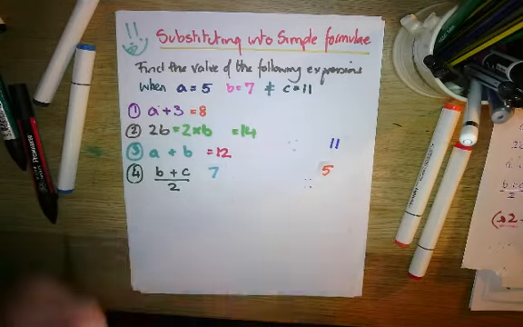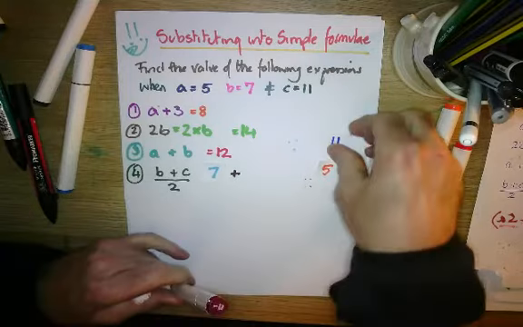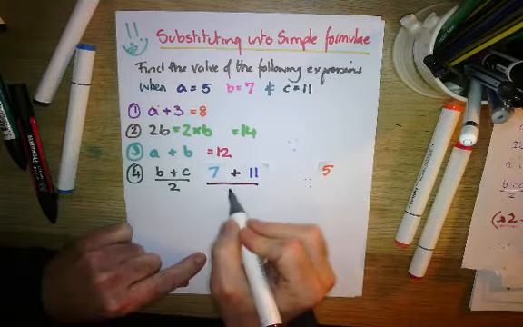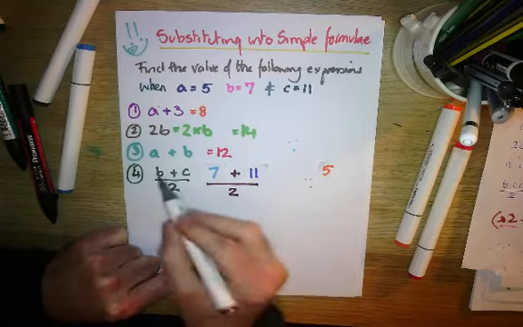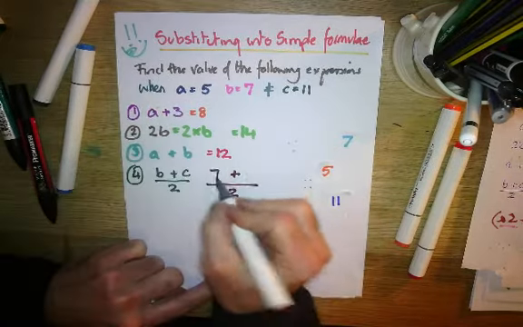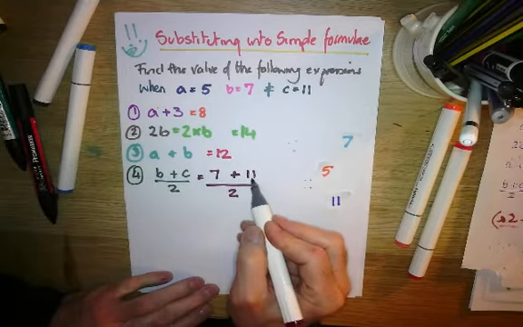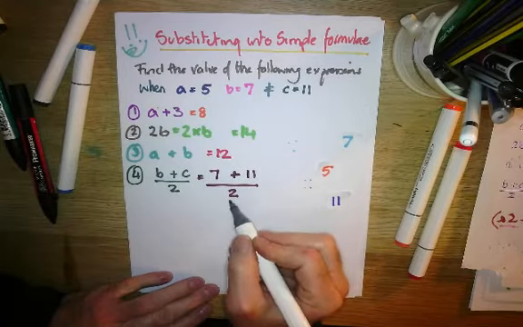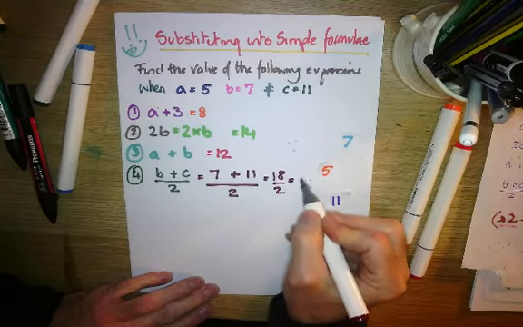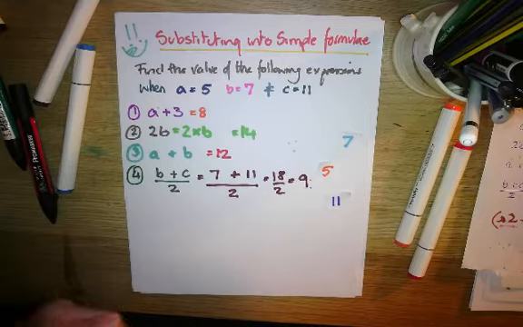So it's 7, and I'm going to add the C, bring on C, boom, and then I'm going to divide all of that by 2. So that is my B, that's my C. Let's put those actual numbers in. It's going to be 7 plus 11 is 18 divided by 2. 18 divided by 2 is 9.